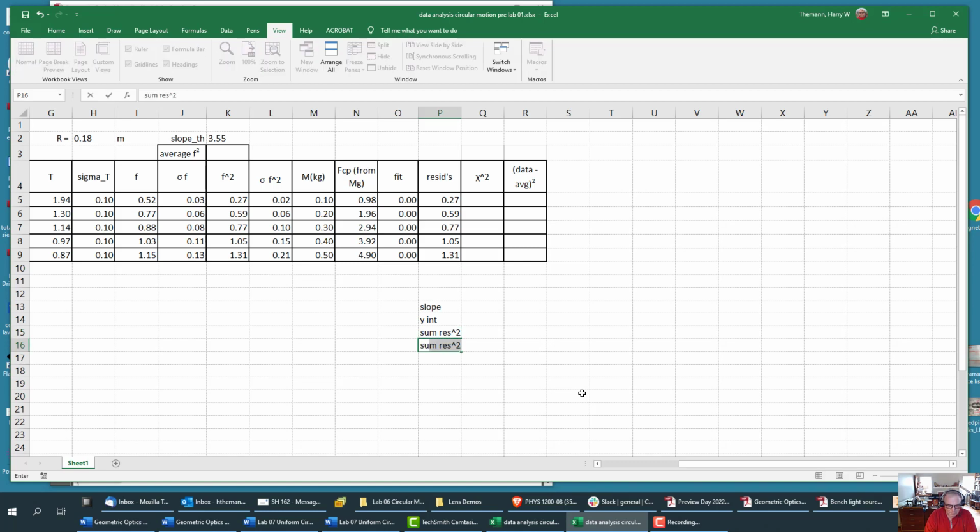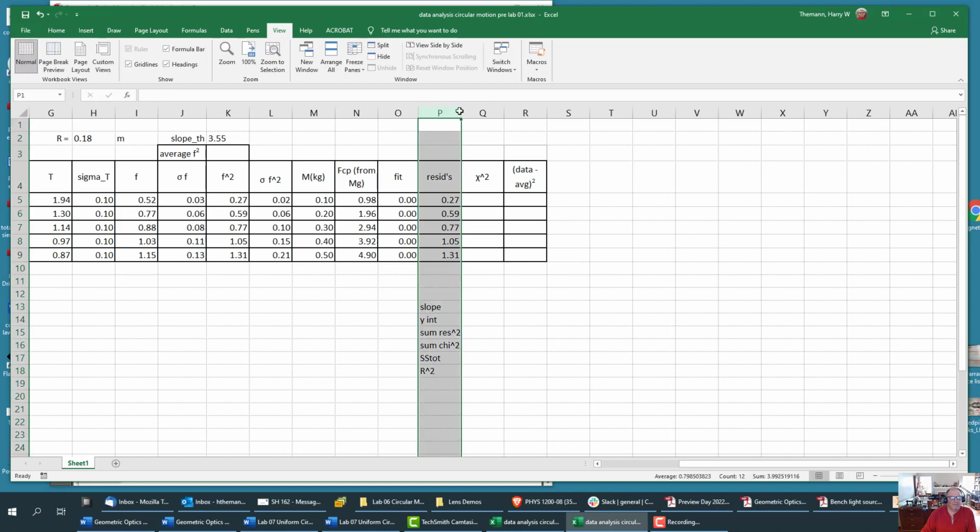We need the sum of the chi-square. I'm just going to be lazy and not. And we need the sum of the square total, which we'll get back to in a minute. And then we can do our r squared, capital R squared, for a linearity test.